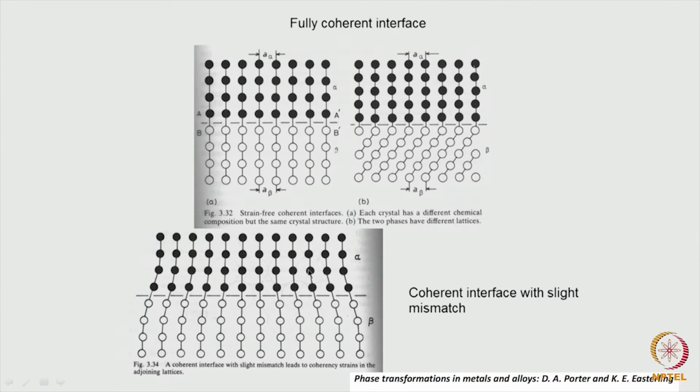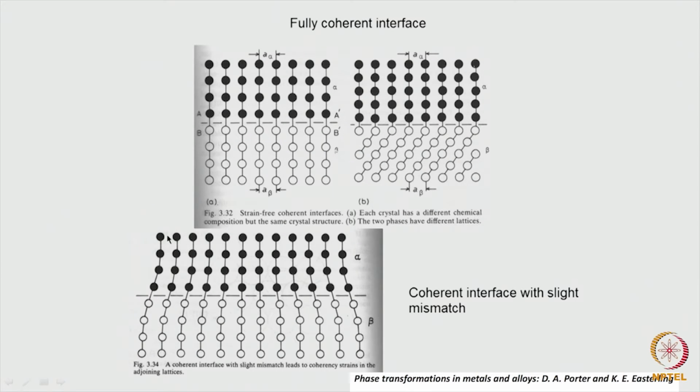In this one, the lattice parameter is slightly different. Here the lattice parameter is small, and here there is a slight increase. But the parameter difference is so small that it still maintains the coherency. How does it maintain the coherency?